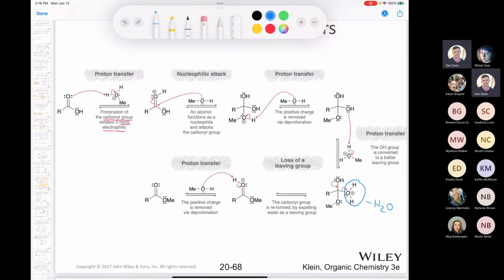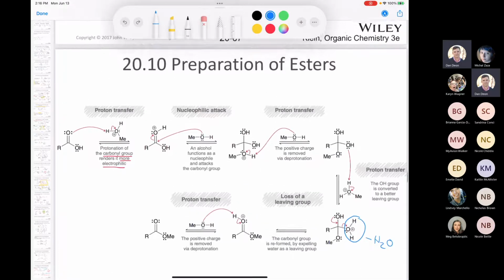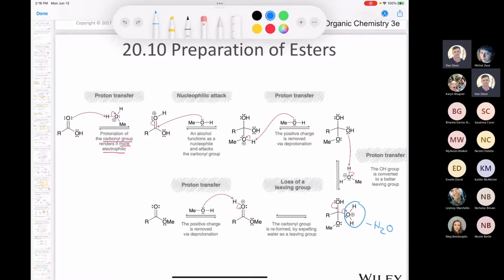So, if you're wondering, and I've gone over this many times in class, why are you writing this as your acid? This is usually done in the presence of a strong acid like sulfuric acid. But what happens if you take sulfuric acid and you put it in methanol? The major acid in the solution is going to be the protonated form of methanol.